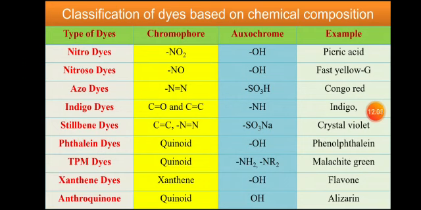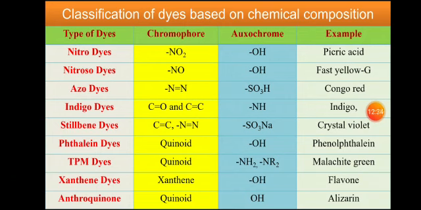First, nitro dye, which contains NO2 as a chromophore; nitroso, which contains NO; azo dye, which contains N double bond N; indigo dyes, which contain C double bond O and C double bond C; stilbene dyes, which contain C double bond C and N double bond N as chromophores; phthalene and TPM dyes, which contain quinoid as a chromophore; xanthene, which also contains quinoid; and anthraquinone, which contains paraquinoid as a chromophore.